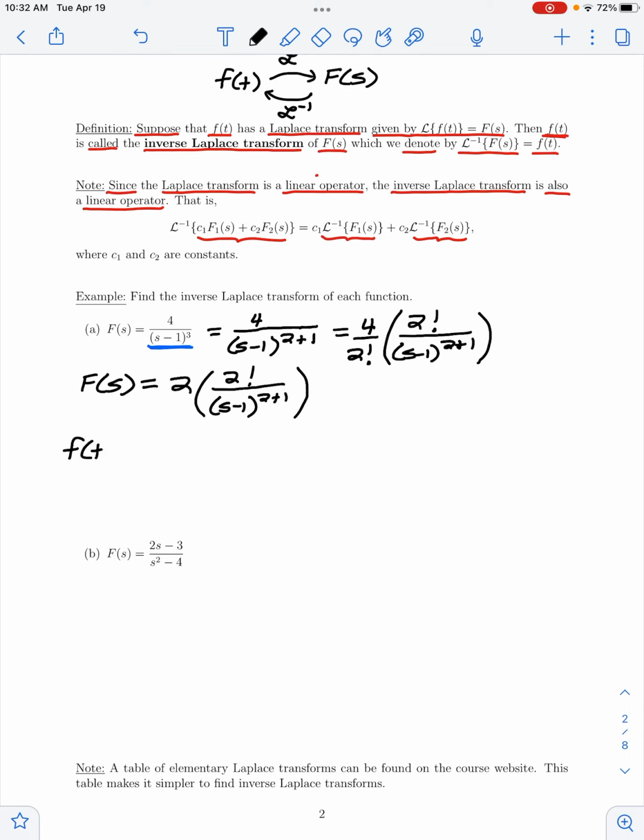And so for my function little f of t, which would be the inverse transform of capital F of s, using the linearity of the inverse transform, I can think about this as 2 times the inverse transform of 2 factorial over (s minus 1) to the 2 plus 1 power.